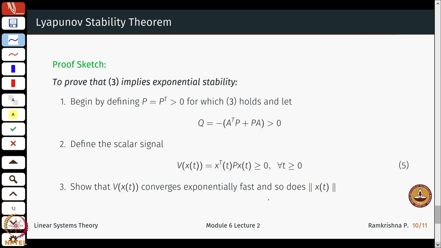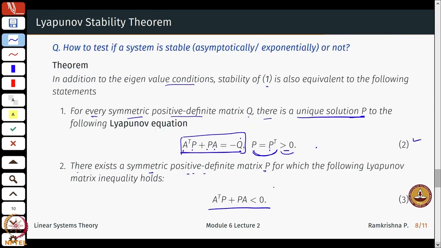Okay, so what are the proof steps? It might look a little tricky, but we will do it one by one. We will show that whenever this expression holds, it will imply exponential stability. So we will assume this to be true.